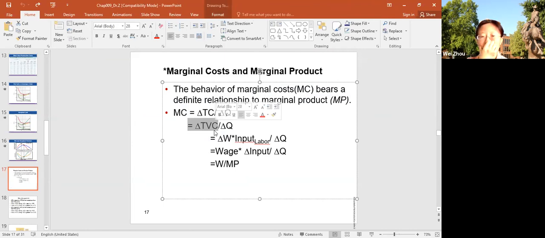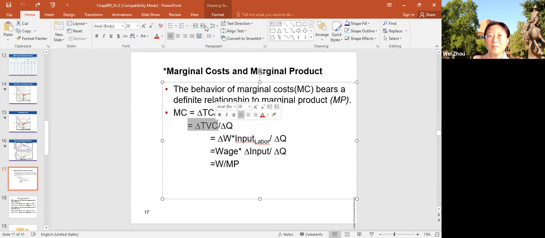So what is a variable cost? Variable cost is the cost that is changing. For example, if I'm going to make additional bread, I'm going to hire more workers. So when I hire more workers, that is an increase in the input of labor.